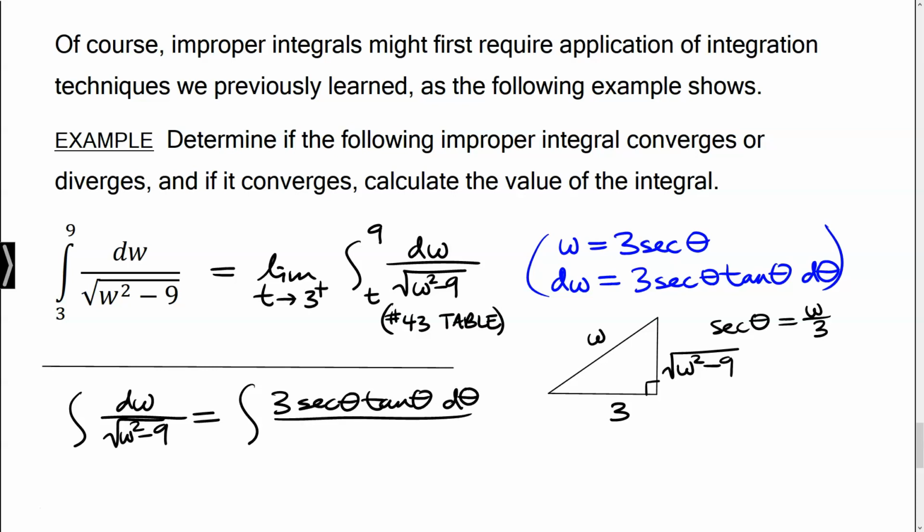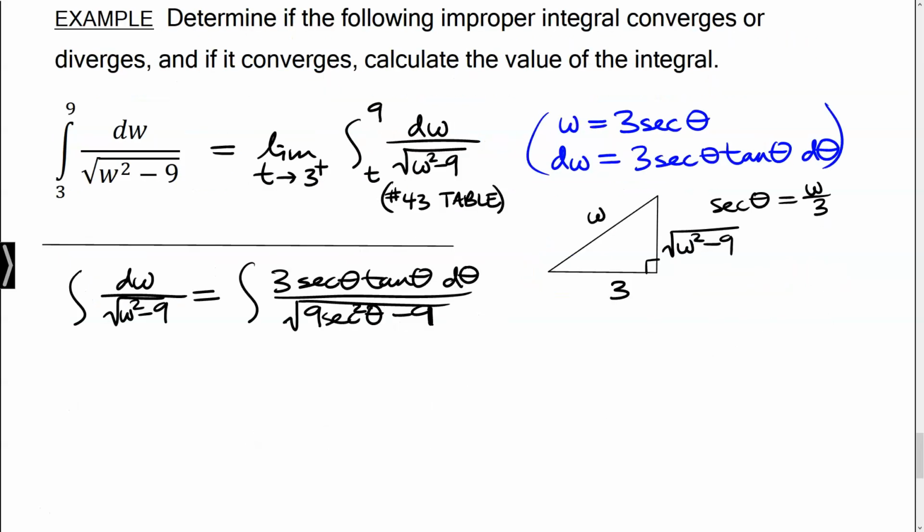And in the denominator, I've got square root of w squared, which would be 9 secant squared minus 9. Okay, so we need to clean this up. On the bottom, we can factor out the 9 from under the square root, and that would make a square root 9, which would cancel with the 3 on top. So I'm going to cancel that.